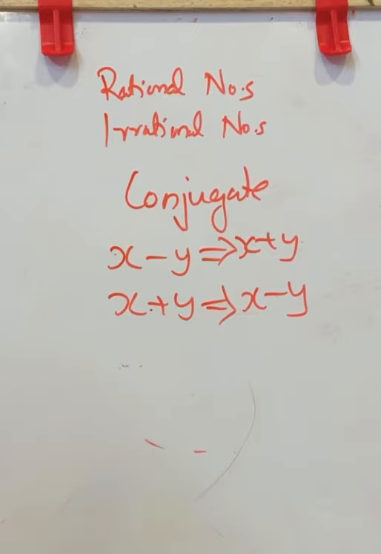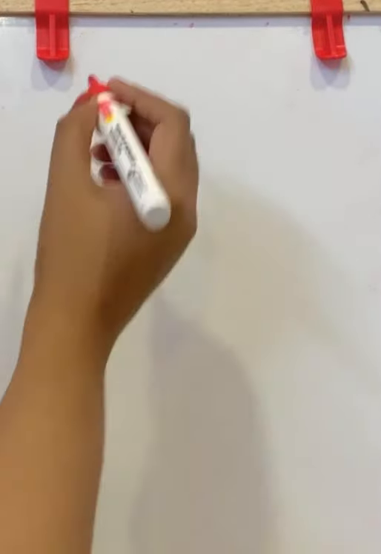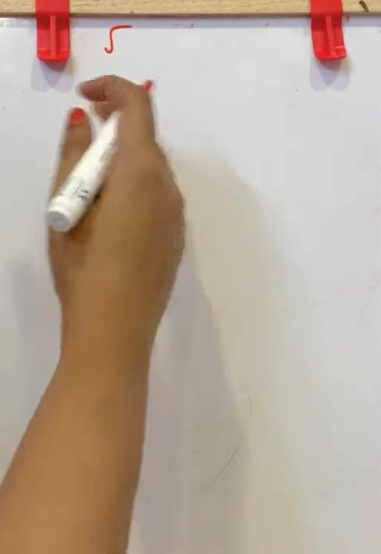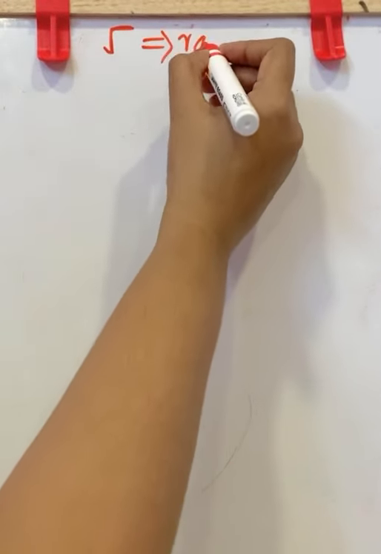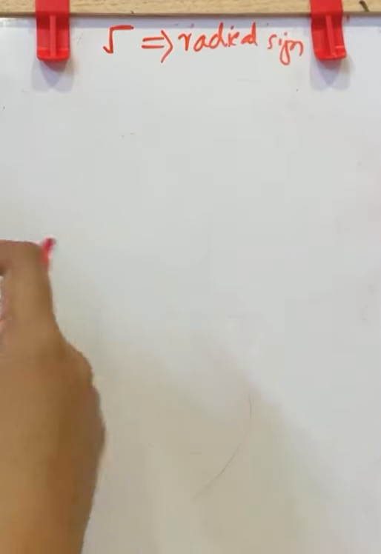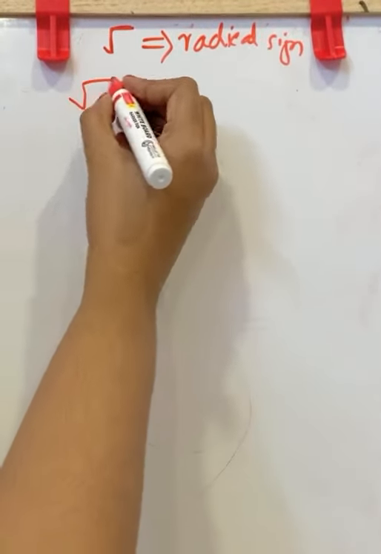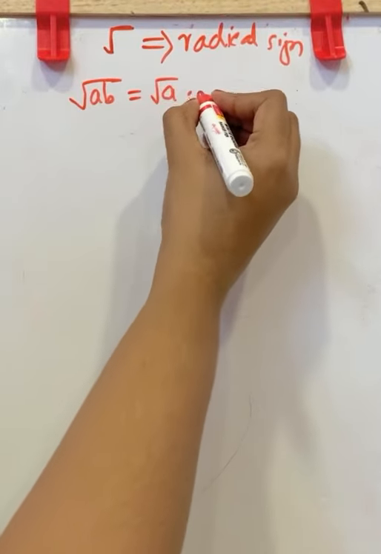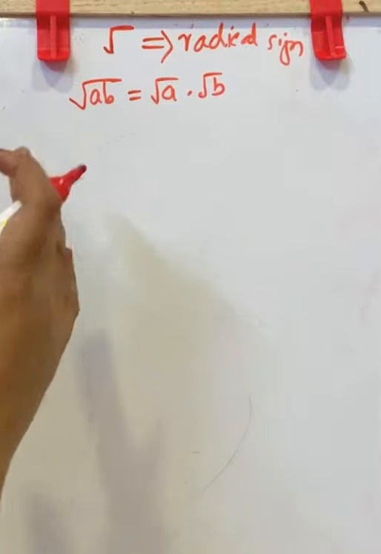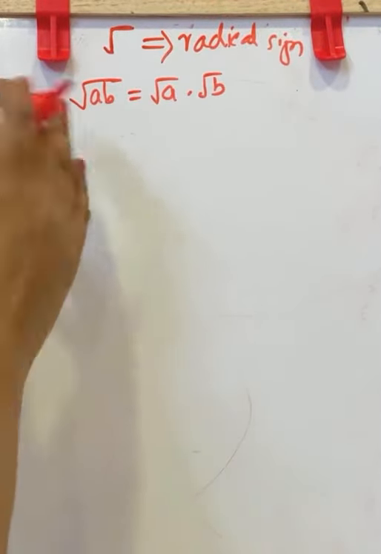So coming to operations, before that let us check some identities relating to square roots which we can use to solve problems. Square root is actually named a radical sign, and the first identity is root of AB is equal to root A into root B, where A and B are positive real numbers.